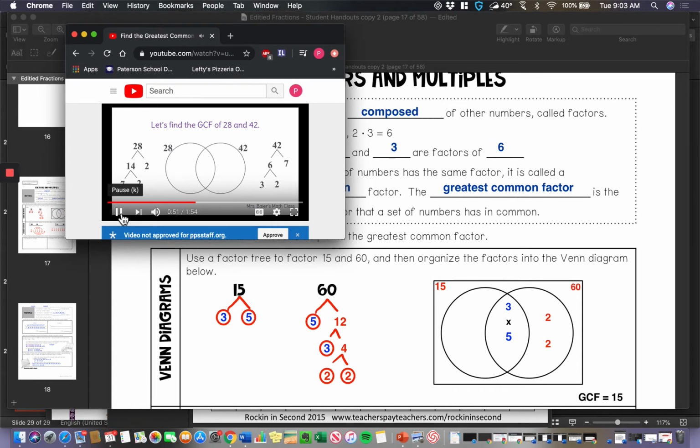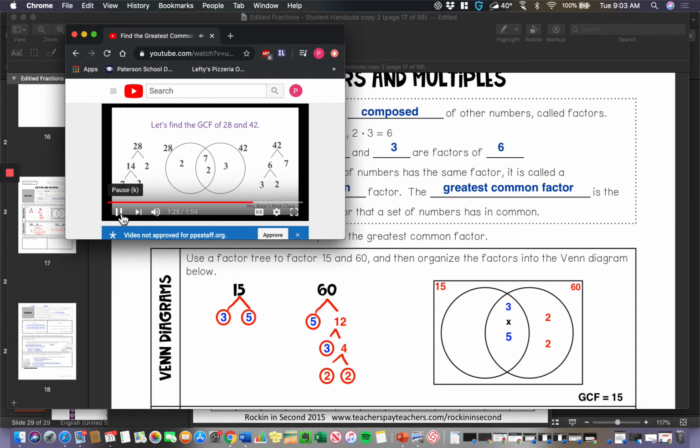Now let's make a Venn diagram of the prime factors. The prime factors that both numbers share belong in the center of the Venn diagram. Both numbers share 7, so 7 belongs in the shared region. Both numbers also share 2, so 2 belongs in the shared region. 28 has an extra 2, and 42 has an extra 3.